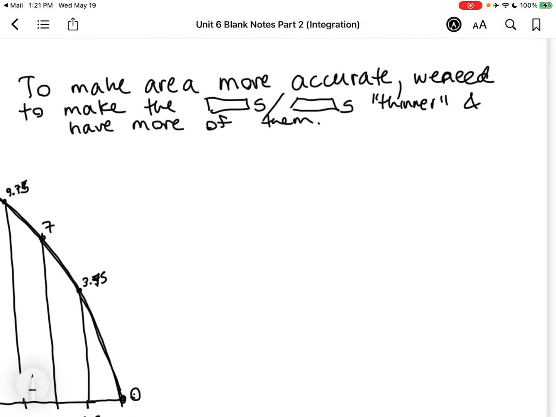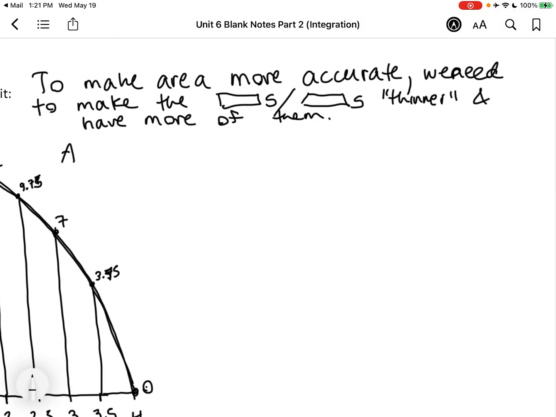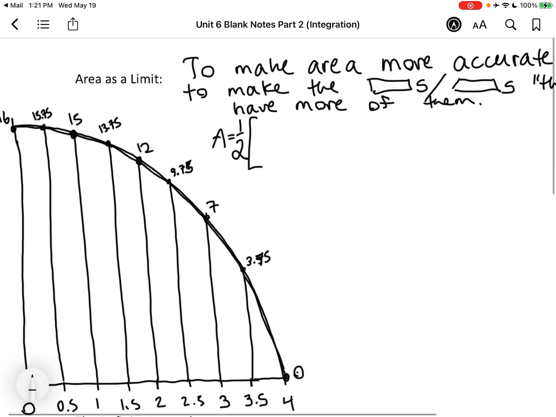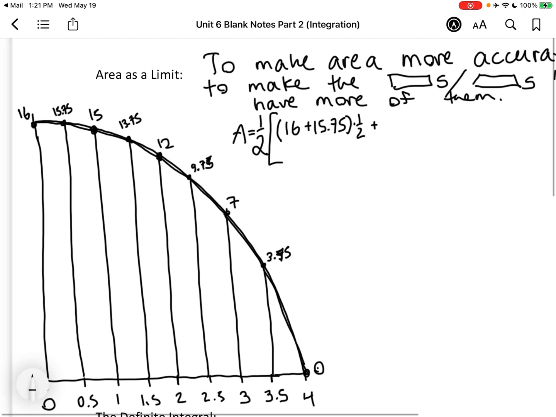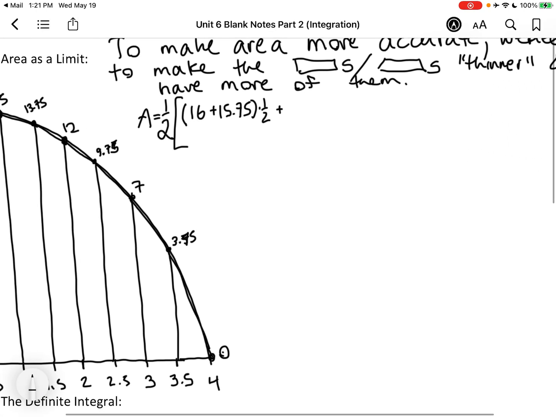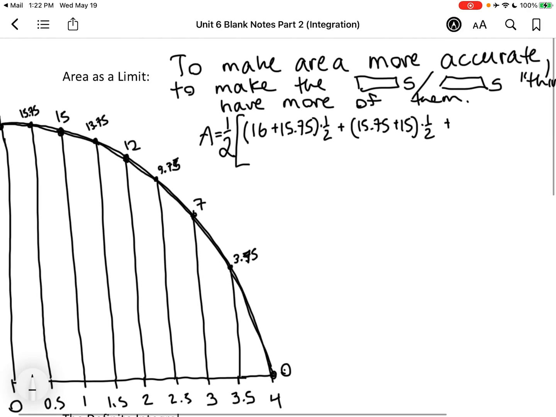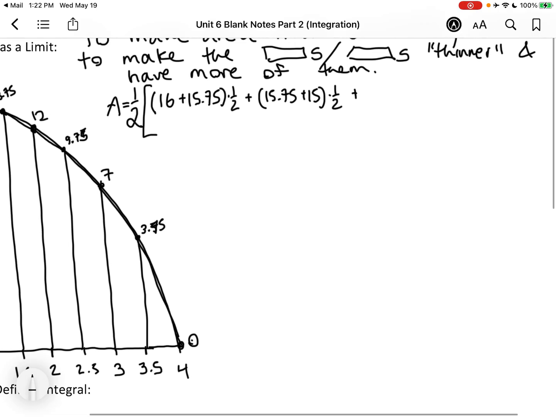So the area is going to be a half times, well, the first one is 16 plus 15.75 times a half, plus the second one is 15.75 plus 15 times a half, plus 15 plus 13.75 times a half.